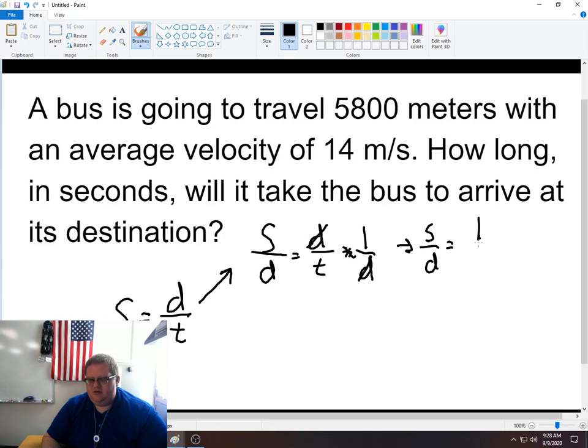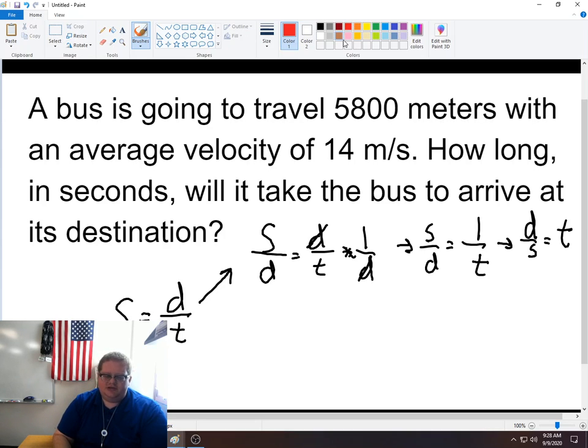It's just 1 divided by time. So I actually got time by itself, but I didn't solve for time. I solved for 1 over time. I solved for the inverse of time. So if you want to fix this, just flip both sides, and you can get the final answer here is distance divided by speed equals time. So that's one way you can do it.